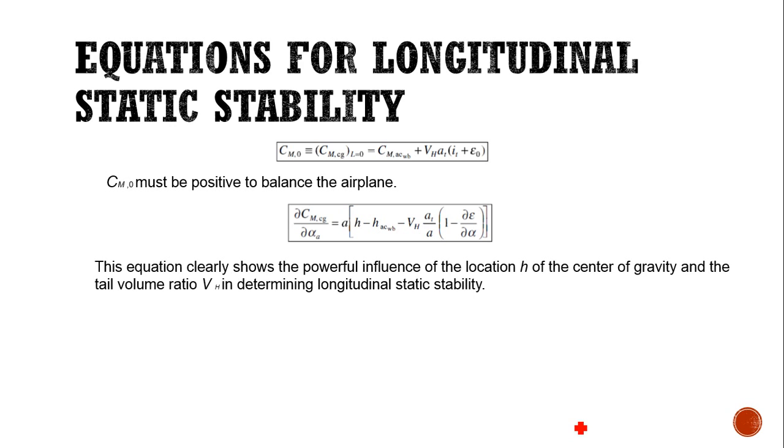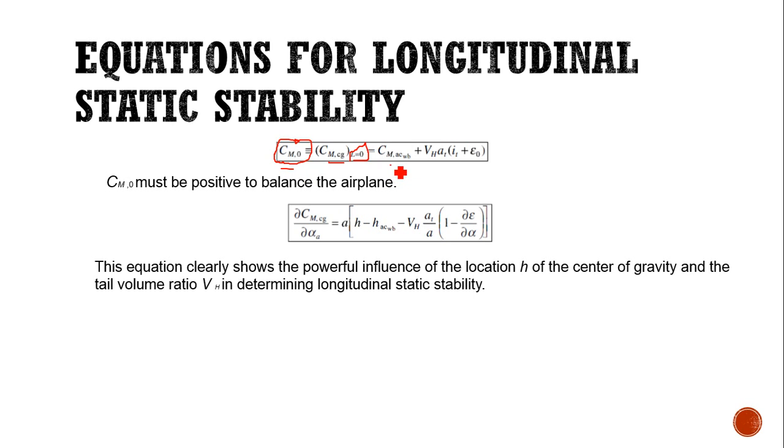So the equation for that: the moment about the center of gravity at zero lift condition is called Cm0. We can also write it as CmCg at L equal to 0. That means the moment about the center of gravity only when the lift is 0.